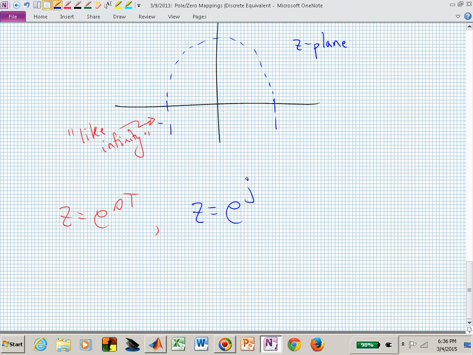If we do that here, what do we have? That's just a polar number, isn't it? Or a complex number which has a magnitude and an angle.